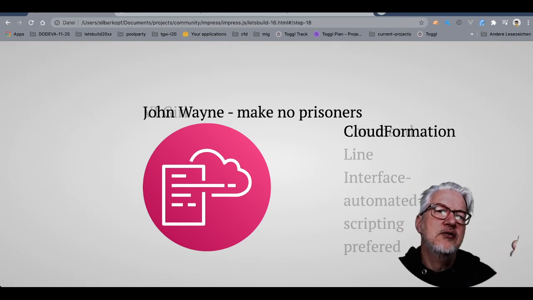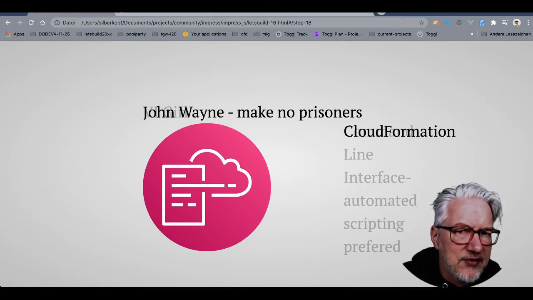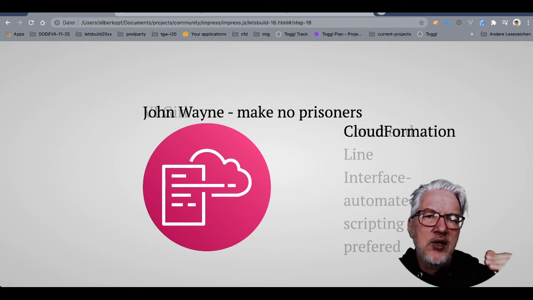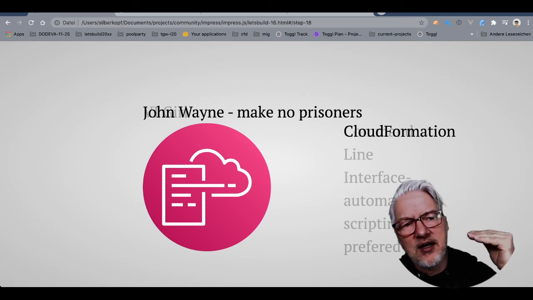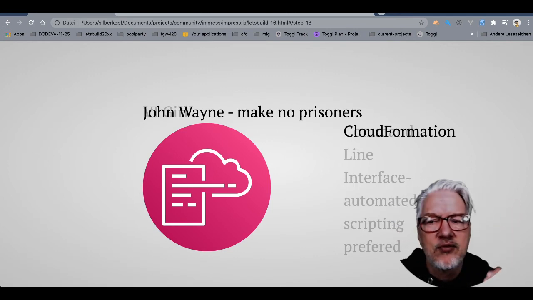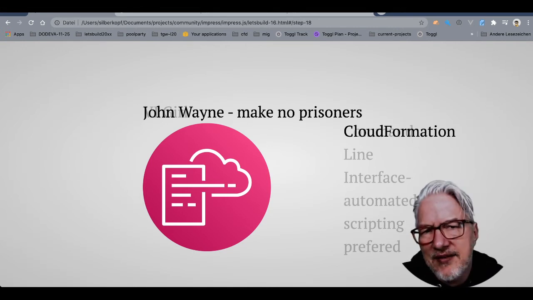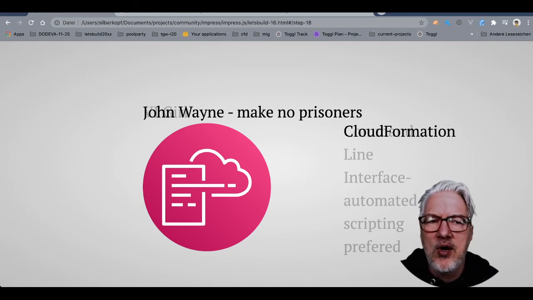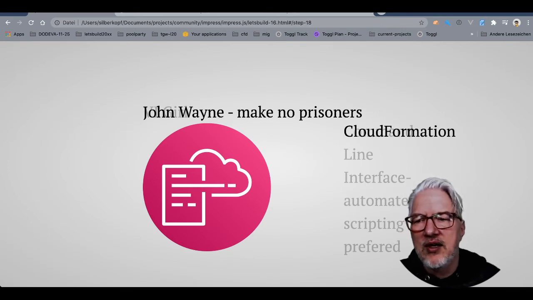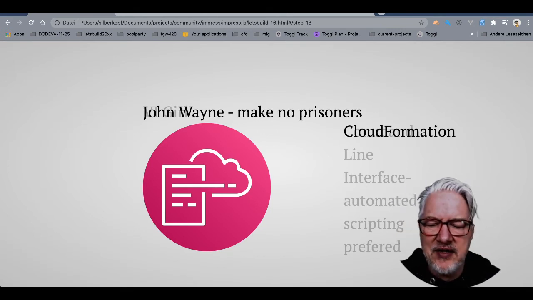And if you write your own CloudFormation, you do not have the meta tags that come with the CDK. So if you want to have a clear and pure language for that, it could make sense in a project to write CloudFormation directly.